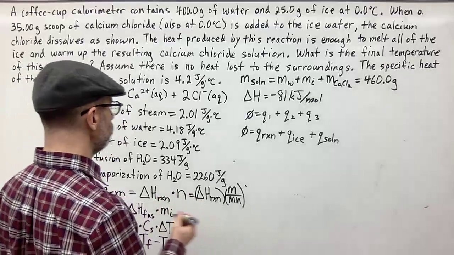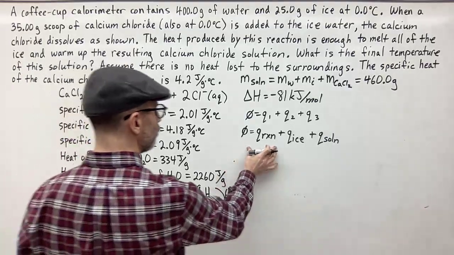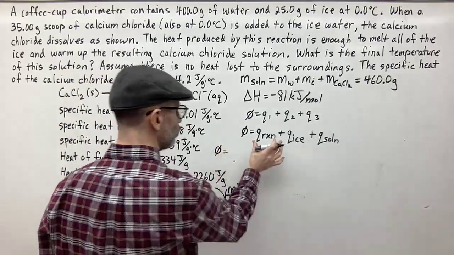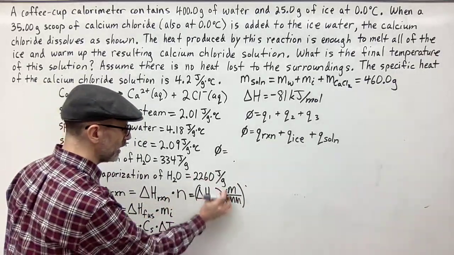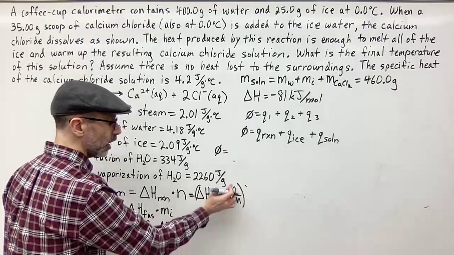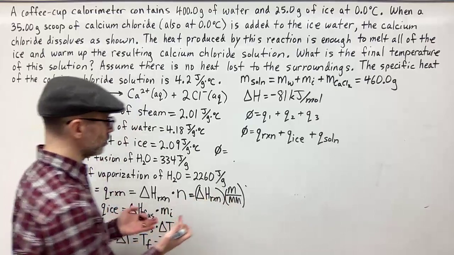Okay, so I have the heat of the reaction. So 0 is equal to Q of the reaction. Well, what's the form of the Q of the reaction? It's going to be the heat of the reaction multiplied by the mass of the calcium chloride I added divided by the molar mass of the calcium chloride.